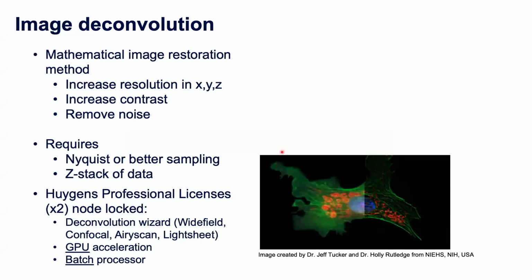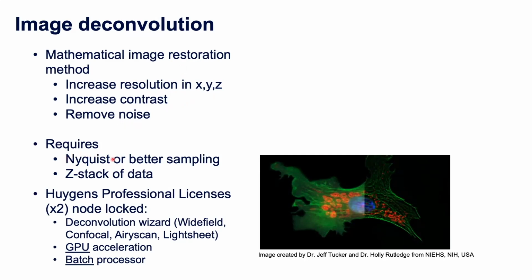As I mentioned, what we're doing is a bit of mathematics to restore back the fluorescence to its original starting point. We use what's called the point spread function of the microscope to do that. That's going to give us an increased resolution in all 3 dimensions, increased contrast, and also remove the noise as well. So you can see here, raw image and then deconvolved image on the right.